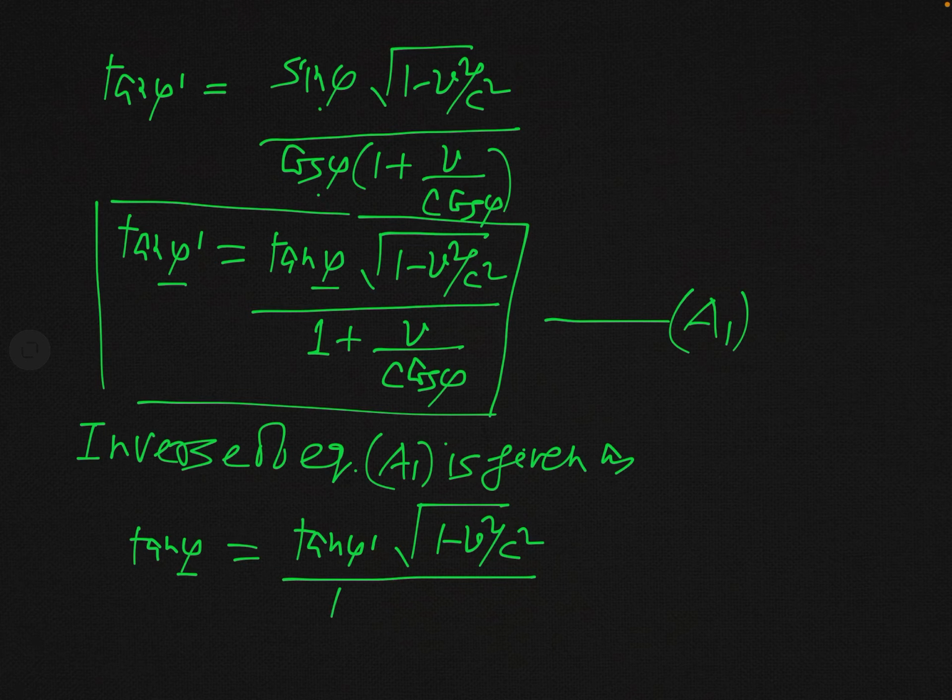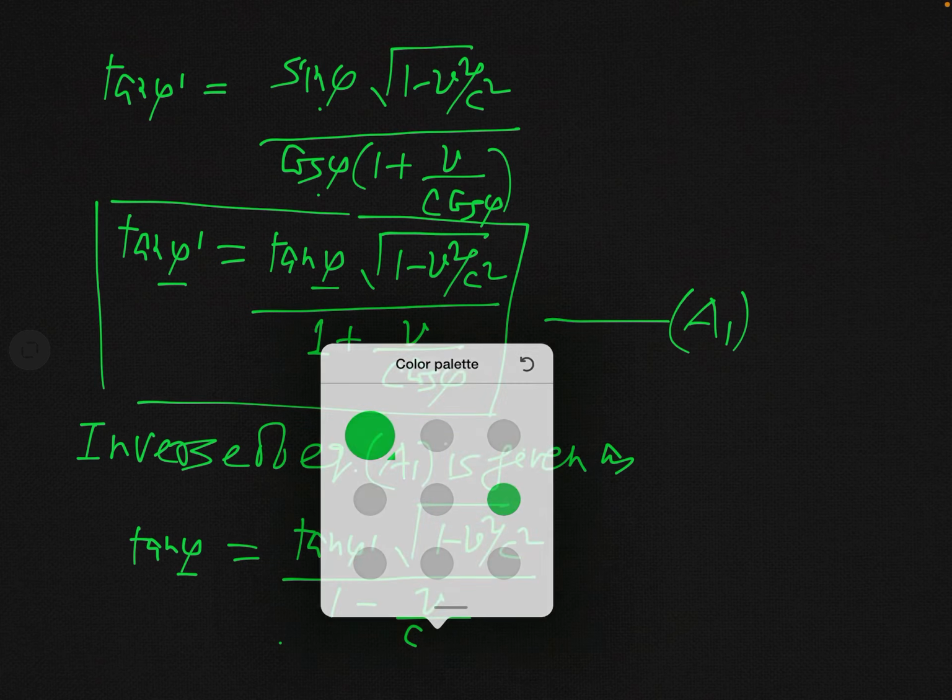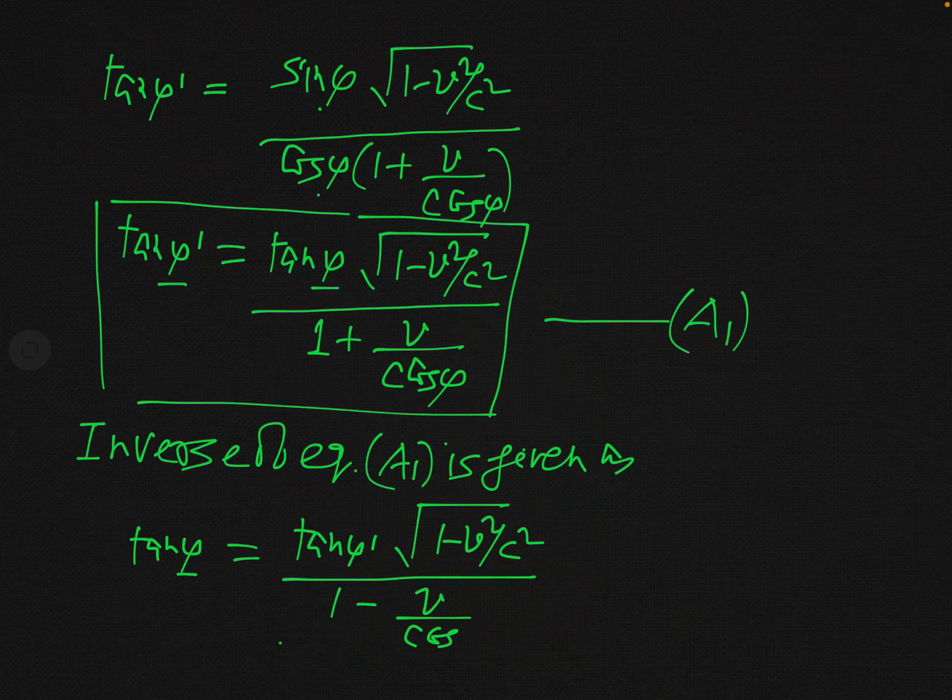But see the term in denominator. If we will write minus v in denominator, then here there will be minus sign, and so this will be minus v over c cos phi prime. So this is the inverse of equation 1.